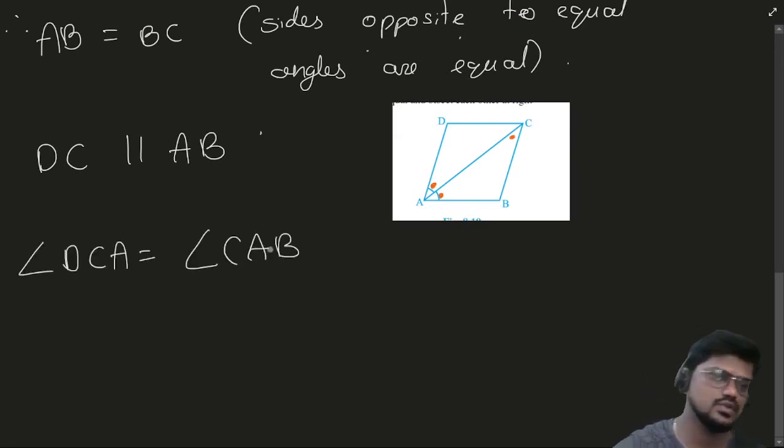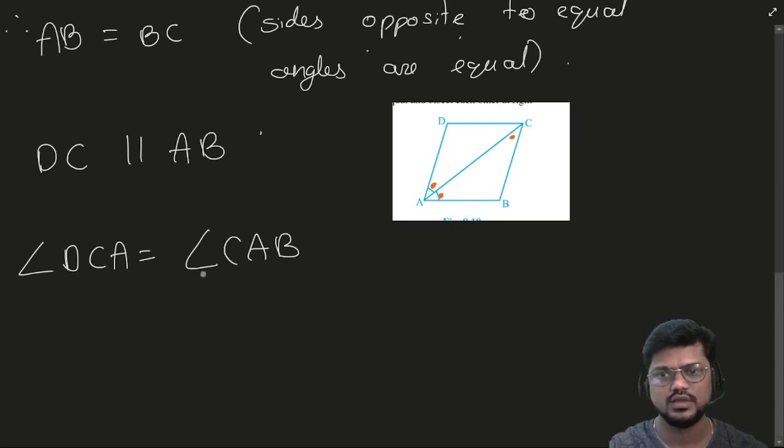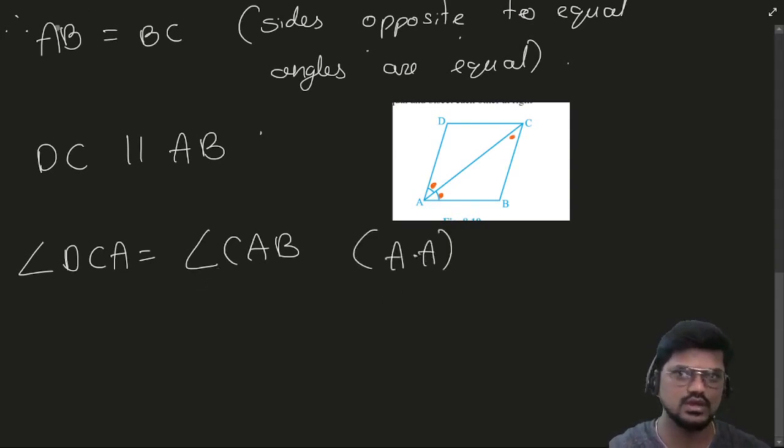What will be the property? Alternate angles. So angle DCA is equal to angle CAB. The reason is alternate angles. So this angle is also equal to this angle.